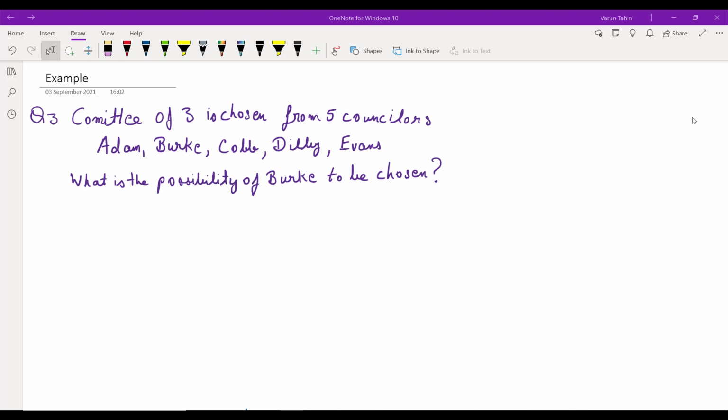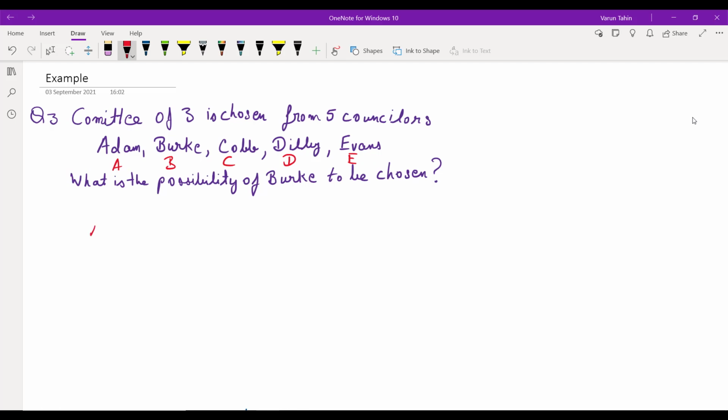Now here comes the third question. It says a committee of 3 is chosen from 5 counselors: Adam, Burke, Cobb, Dilby and Evans. What is the probability of Burke being chosen? Okay, so for this I am just aliasing them via their initials. So this is A, B, C, D and E. And what we'll do is, among these 5 counselors we will choose 3 and make the combinations.